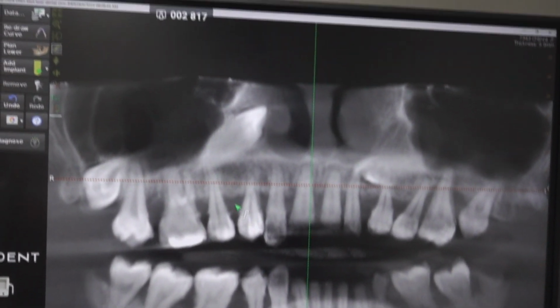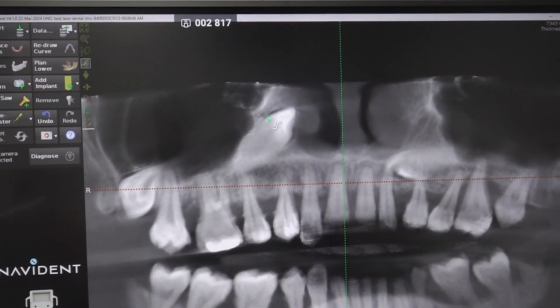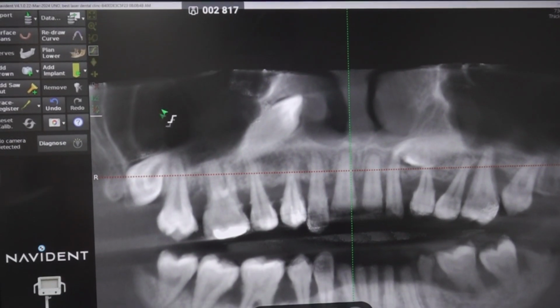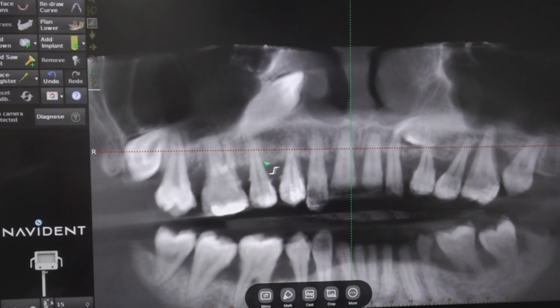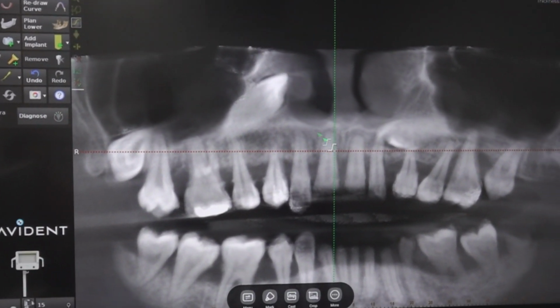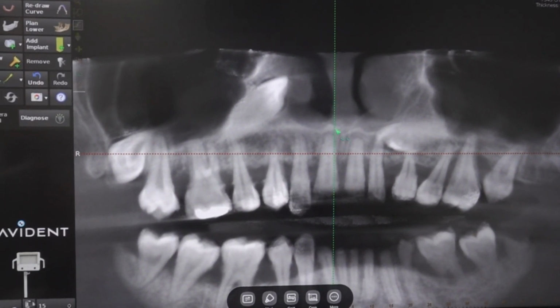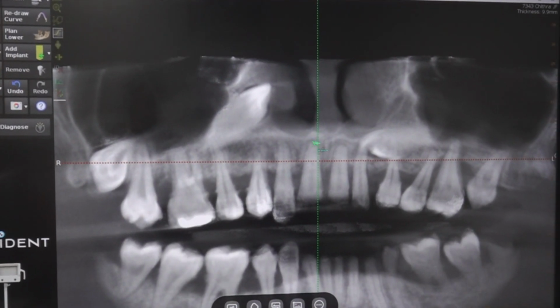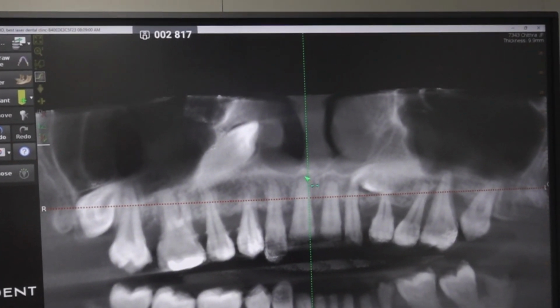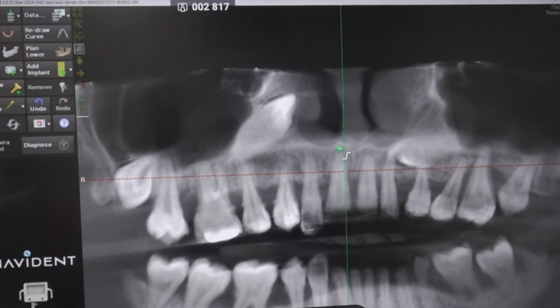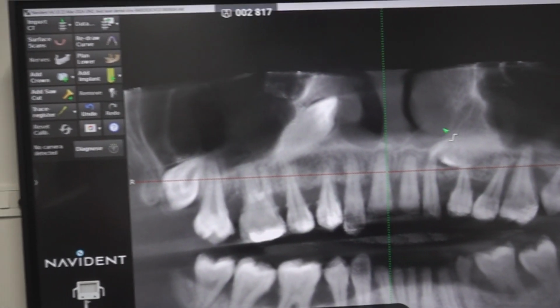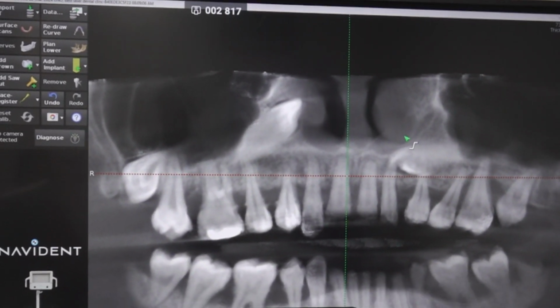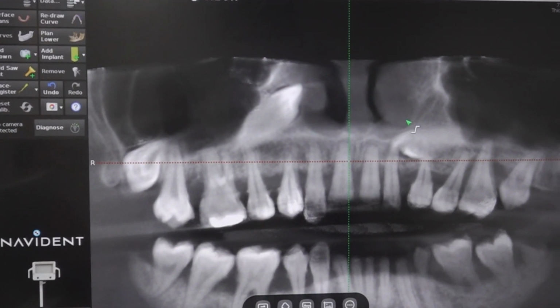Okay. So if you see the observation, this is the nasal floor, this is the root apex. The root apex is almost close to the nasal floor. That means the amount of basal bone available itself is very less, right?